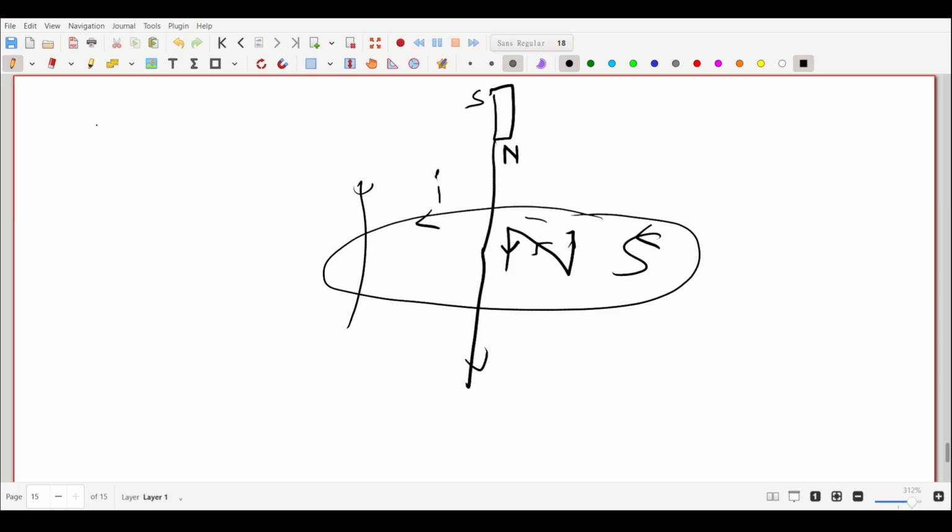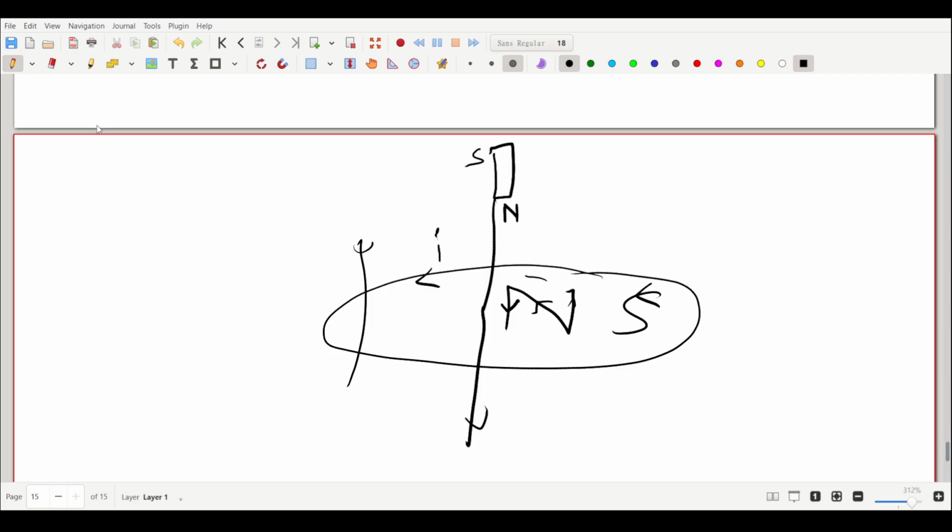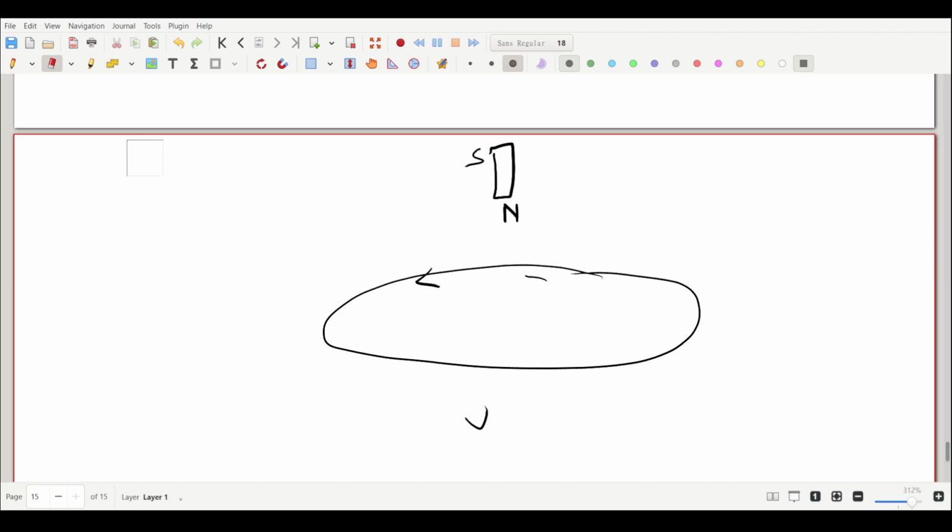What if I'm not dropping it this time, I'm pulling the magnet up? The field doesn't change, still same. I have changed the field now. So it's south pole, it's north pole. Now I'm pulling it up.